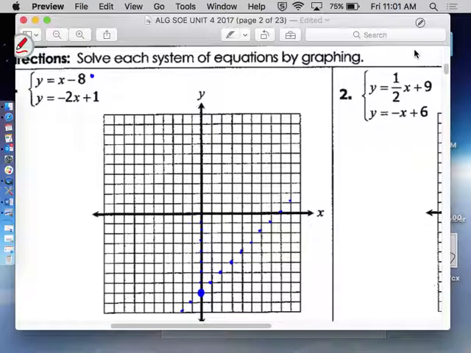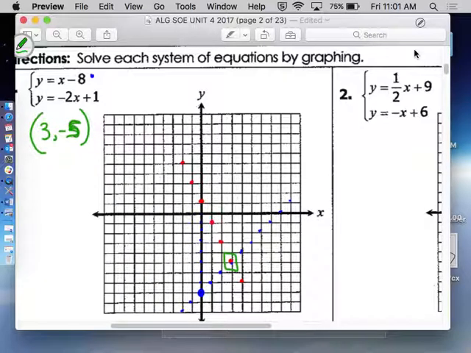I'm starting at +1, and my slope is -2. And here I can see that the two lines have intersected at the point (3, -5).